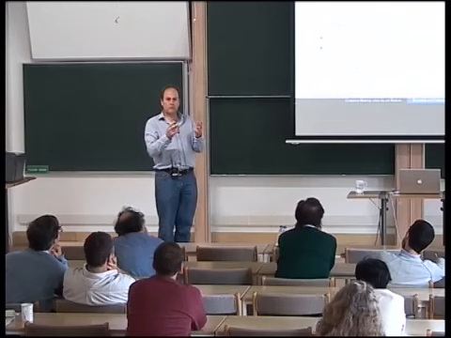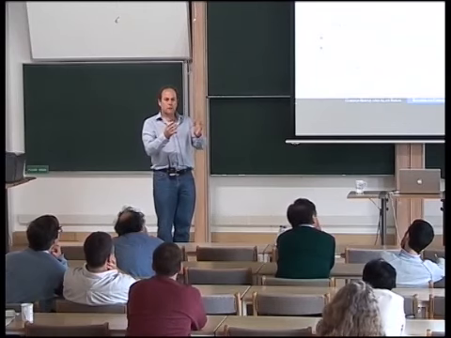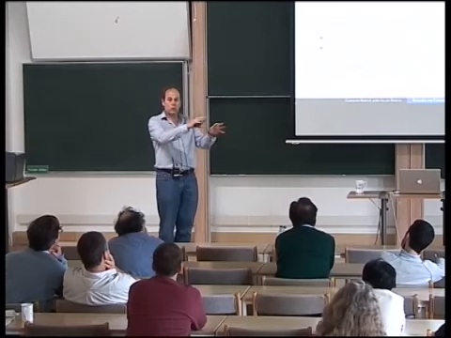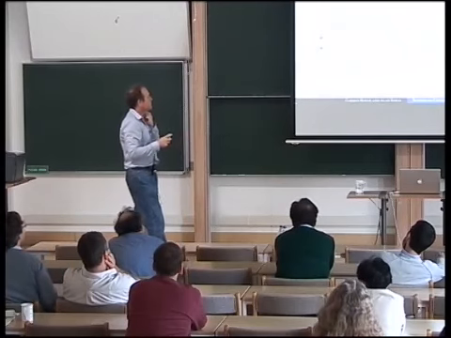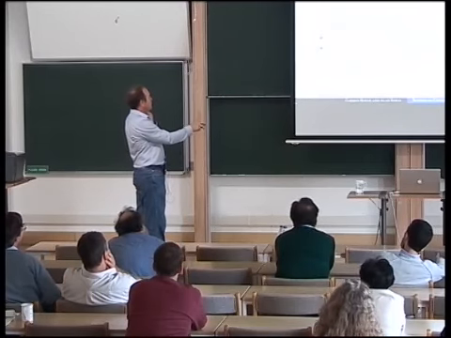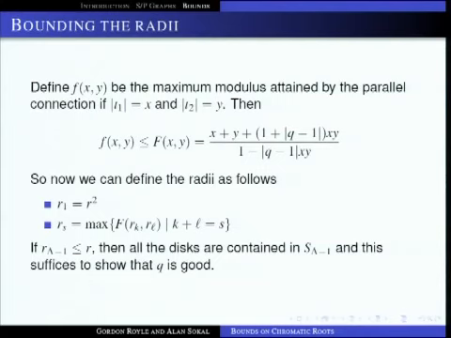Because r5 could be obtained by taking S1 parallel S4 or S2 parallel S3. We don't know which. And if we reach the end of this process and we're still less than or equal to r, then we're good. Okay, well, we're still not very gruntled because we've still got this nasty maximum to do.